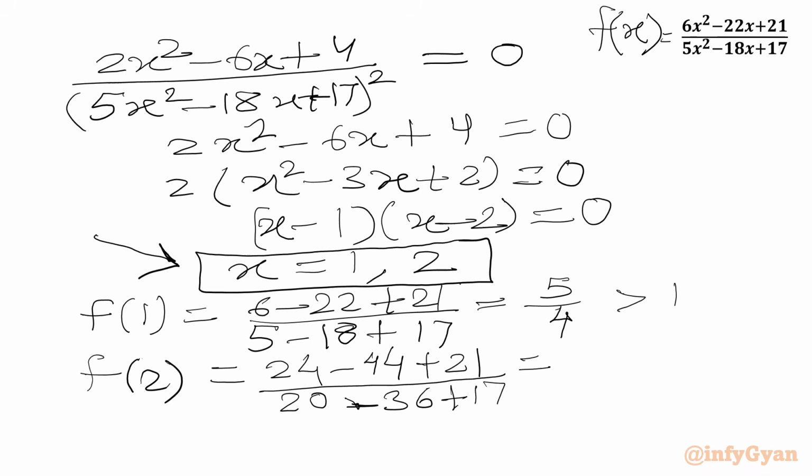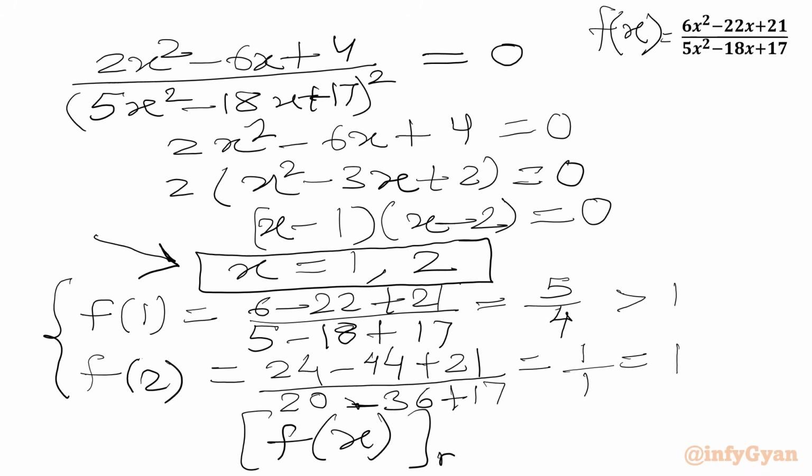So in the numerator we are going to get 24 plus 21, 45, 45 minus 44 is 1, in the denominator 37 minus 36 is 1. This is equal to 1. So the minimum value between f of 1 and f of 2 is 1 at x equal to 2. So I will write here f of x minimum would be 1. This is our method number 3.